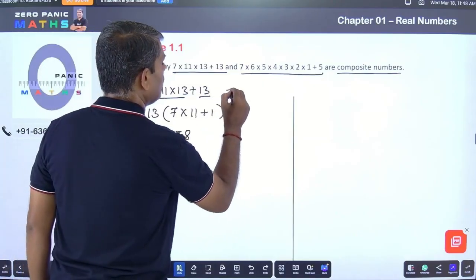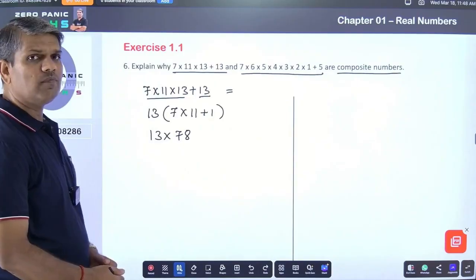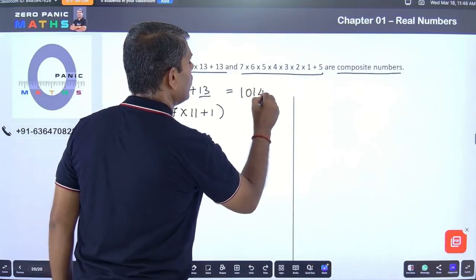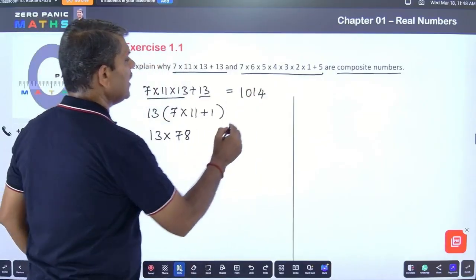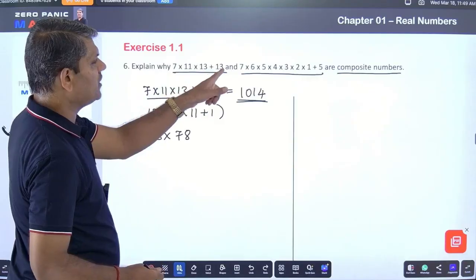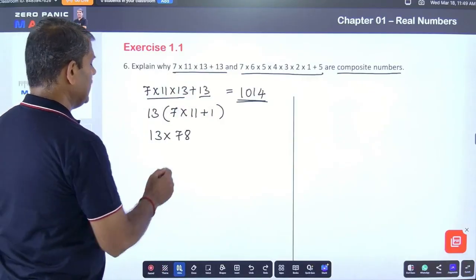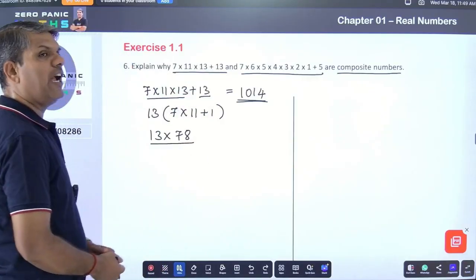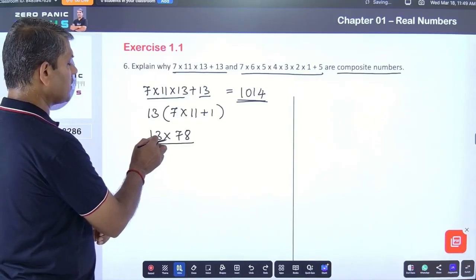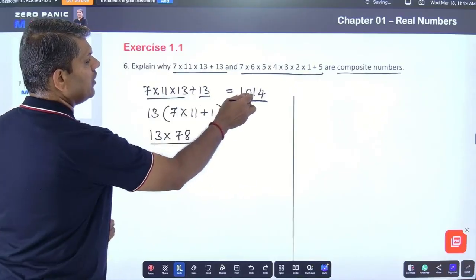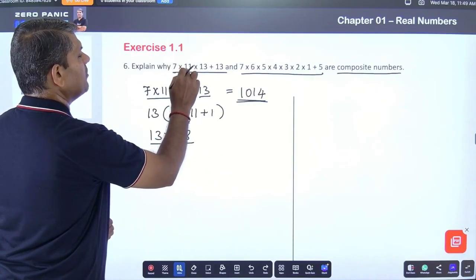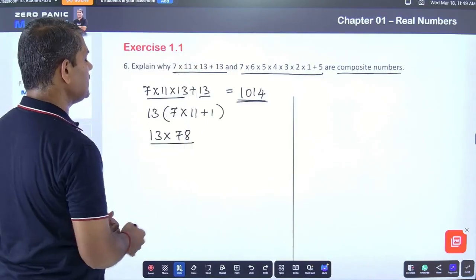So if we find out the value of this, which is 1014, the value 1014, which is represented by this expression, is represented by 13 and 78. Though 78 is another composite number, we have a prime factor 13, which is actually a factor of 1014, which in turn is the value of 7 multiplied by 11 multiplied by 13 plus 13.